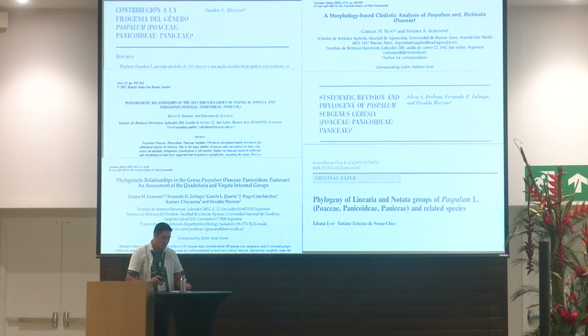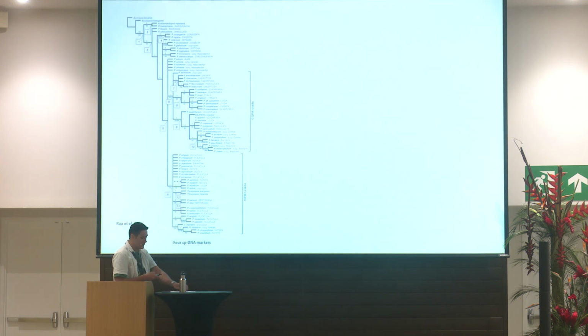Between 2002 and 2009, several partial phylogenies were published based either on morphology or on molecular markers. The first, more or less, comprehensive phylogenetic study in Paspalum was published by Hugo and co-workers in 2010. They carried out an analysis including 71 species, using 4 different plastid markers.